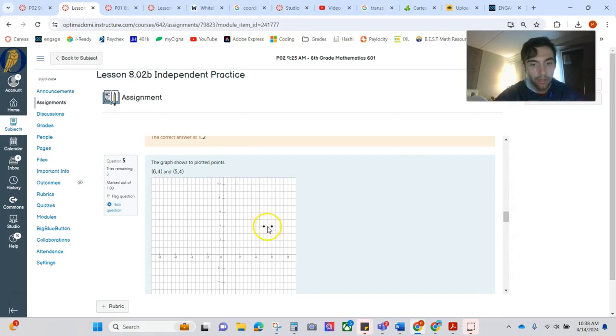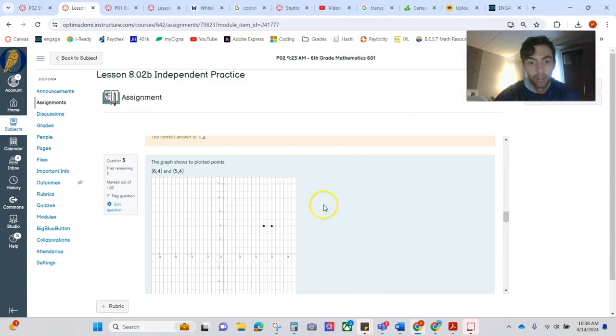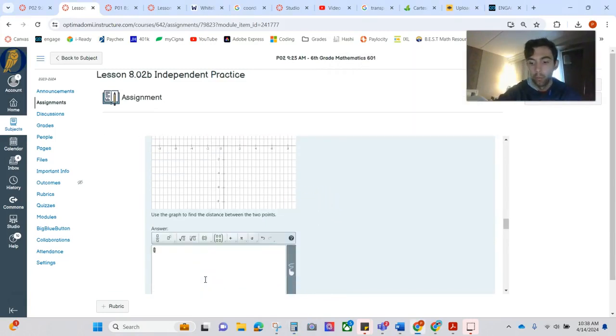It looks like the distance is 2, but the distance is not 2, even though it's 2 jumps, because each jump is half of a number, 0.5. So I think our distance is 1, right? They're 1 away, 5, then 6. We can use that subtraction formula we used for question 4 and do one x value minus the other x value. So yep, our distance is 1.